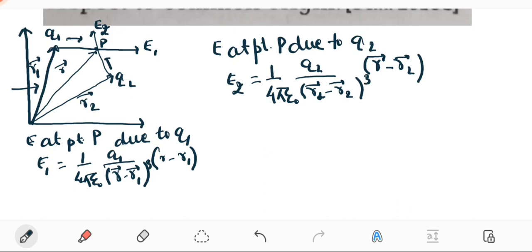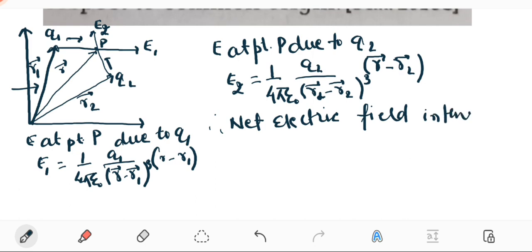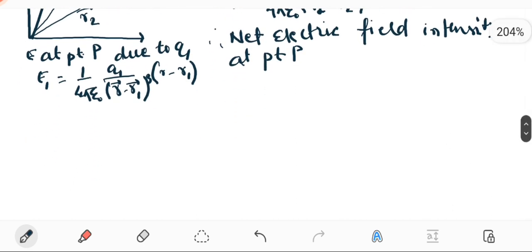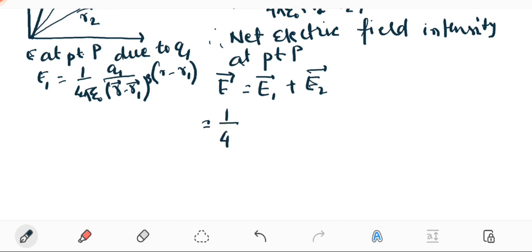Now the net electric field intensity at point P will be equal to the sum of both, that is E is equal to E1 plus E2, which can be written as 1 by 4 pi epsilon naught.